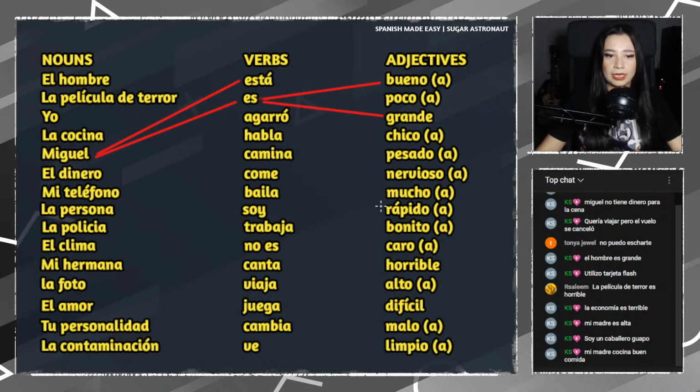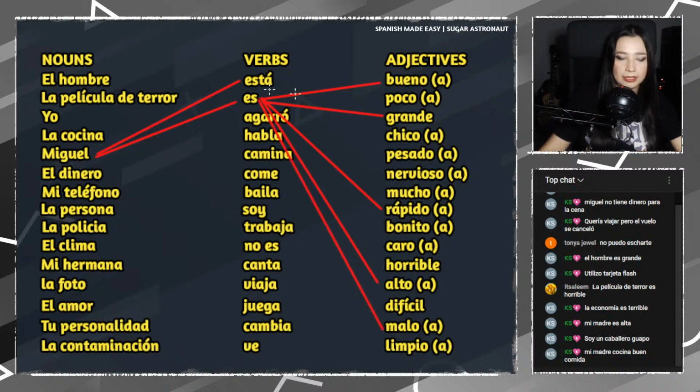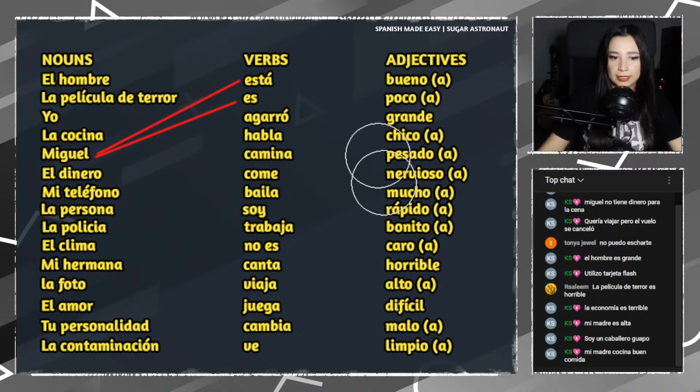Okay, Miguel es, no, nervioso, es rápido. Miguel is fast. Miguel es alto. So Miguel is tall. Miguel es malo. Miguel is bad, a bad person. Okay, so that's good. We can also use the verb habla. Miguel habla, talk.